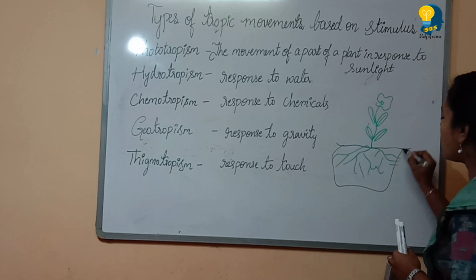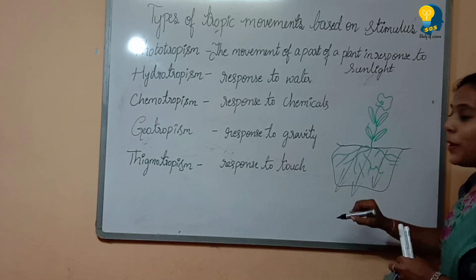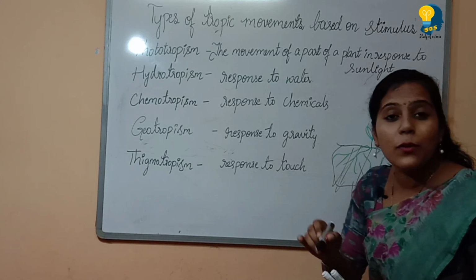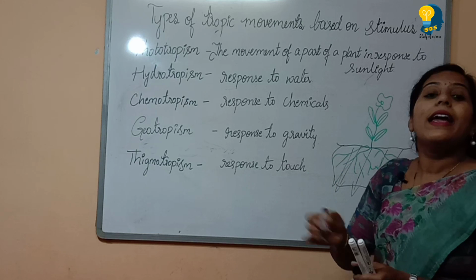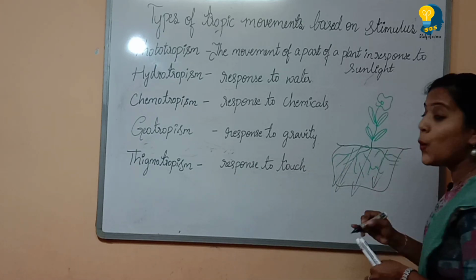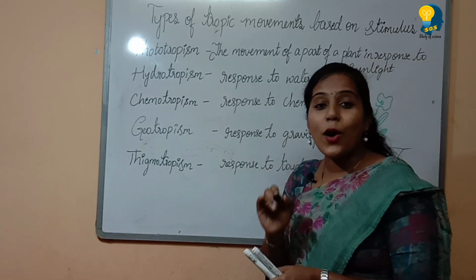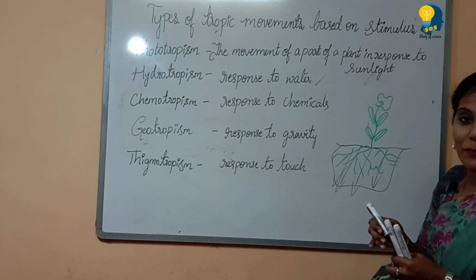Correct, because the roots are growing towards the water. The root absorbs the water for the development of the plant. Hence, the roots are showing positive hydrotropism. Clear?